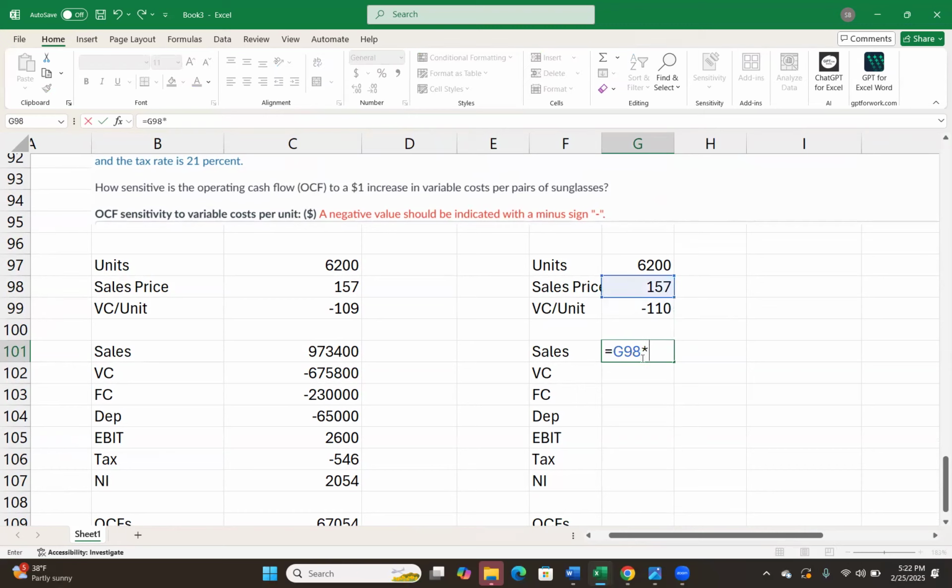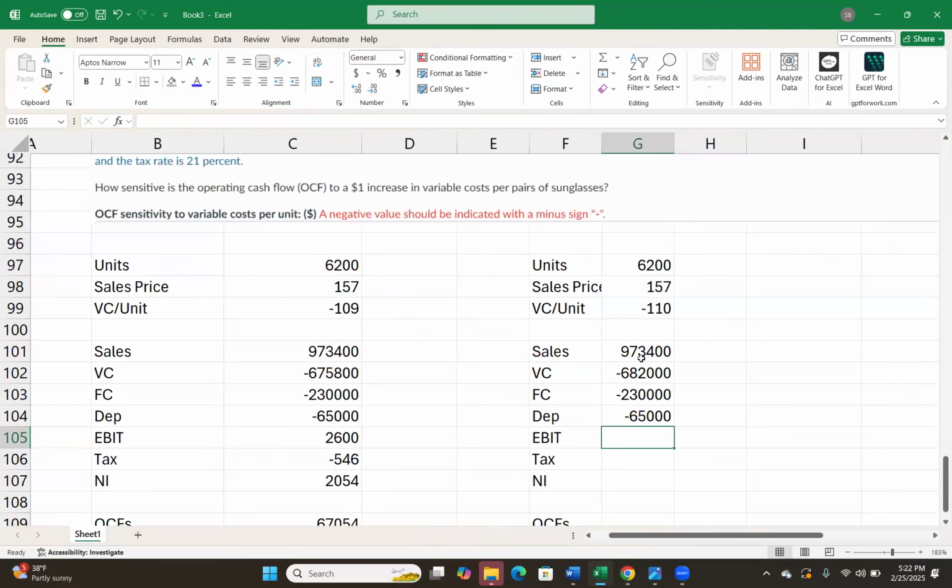Equals sales price times number of units. Variable costs are 110 times number of units. Fixed costs are still negative 230. Depreciation is still negative 325 divided by 5.